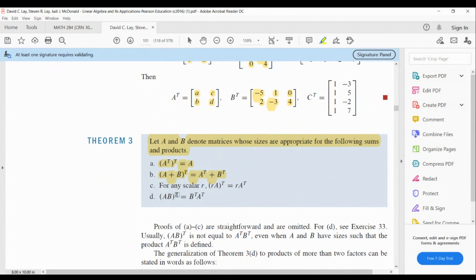But the last 2 rules are perhaps not quite as intuitive, particularly rule D. If you take the matrix product A times B and transpose it, it's going to equal B transpose times A transpose. You're going to have a homework exercise where you'll practice this with matrices, and you'll see that the transpose of a product of matrices equals the product of the transposes in reverse order.